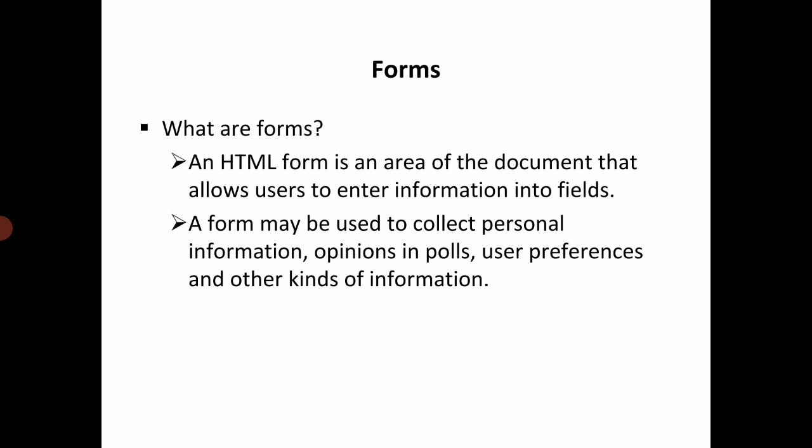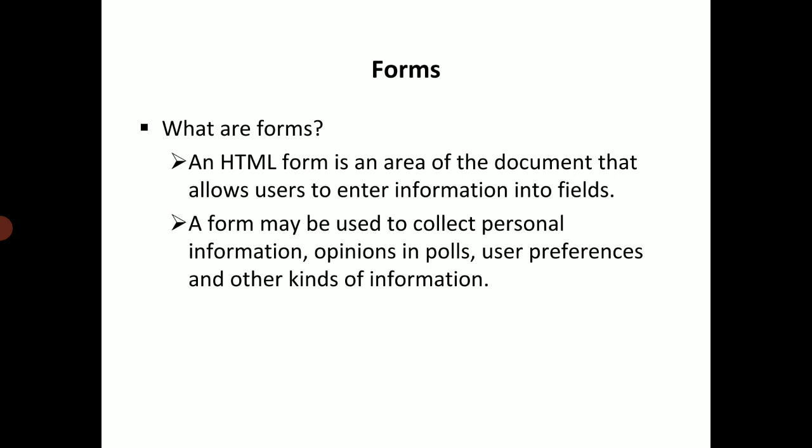Next one, forms. What are forms? An HTML form is an area of the document that allows users to enter information into fields. A form may be used to collect personal information, opinions in polls, user preferences, and other kinds of information.